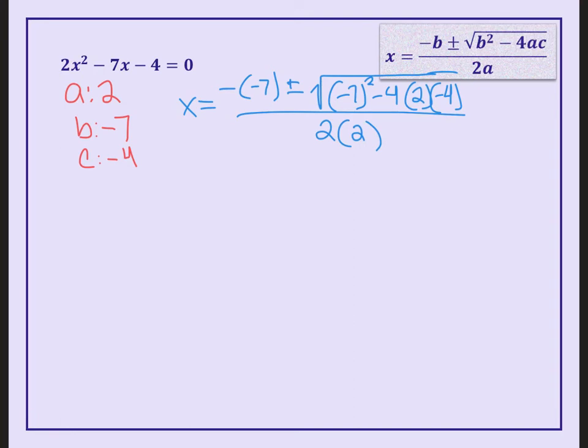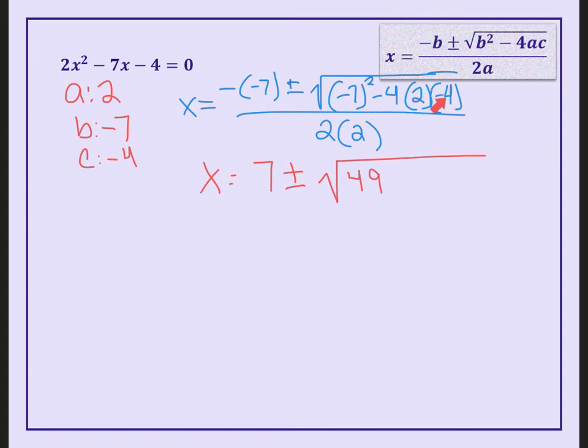Our next step is going to be to get rid of the parentheses. So we have a -7. That becomes a +7 plus and minus the square root. Okay. We have -7 squared. Remember, this is in parentheses, so it always turns into a positive number, 49. Then we have -4 times 2 times -4.